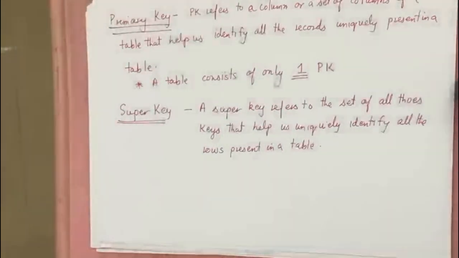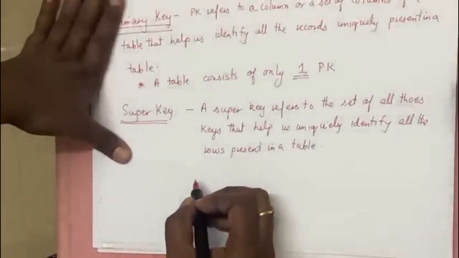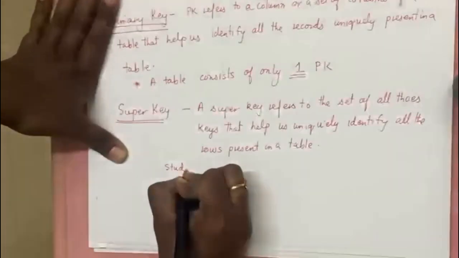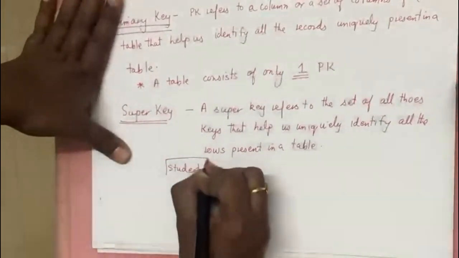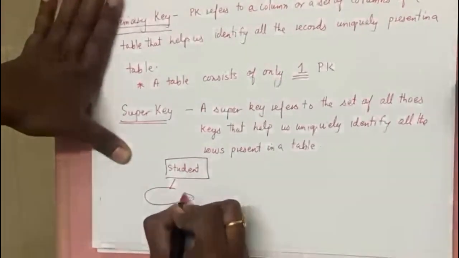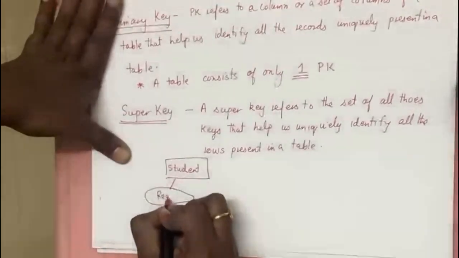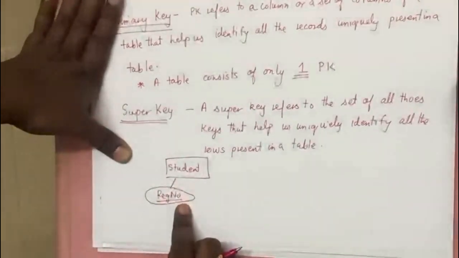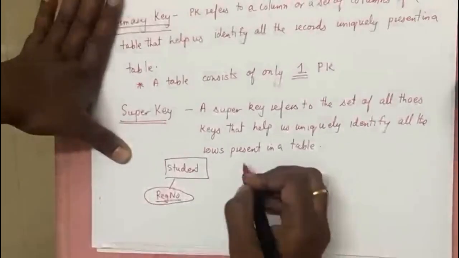So I'm going to give you an example. I'm having three tables. Example, student table. So student, I'm having it as an entity where I uniquely identify the student with the register number. Where when I underline the register number, it means it is the primary key.